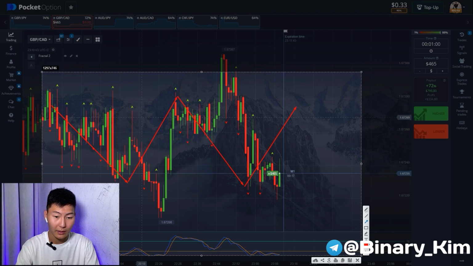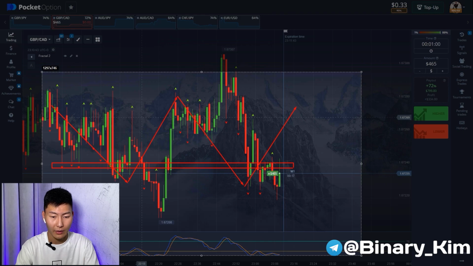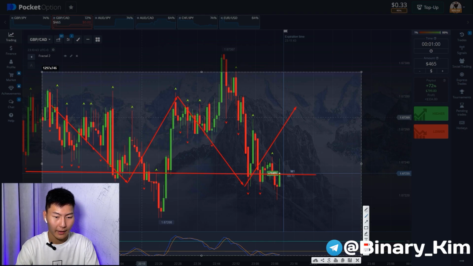We can observe the sideways trend on the chart. I want to point out the support zone. Actually, it's a little bit lower. And the price should bounce from it and finally go up. Also take a look at the stochastic, the moving average crossed, which means the upward dynamics is gonna take place.